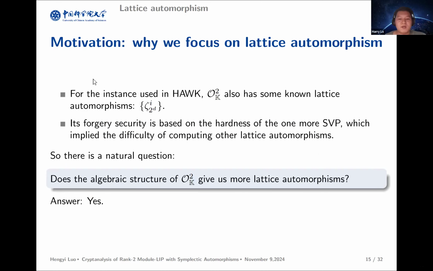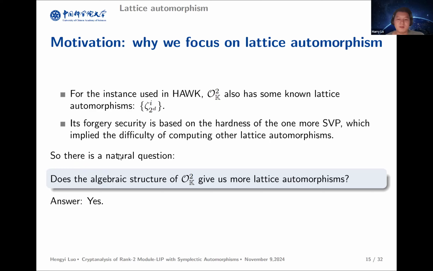And in the case of Hawk, the lattice O_K squared has known lattice automorphisms. That is, the scalar matrices of roots of unity. And the forgery security of Hawk is based on the hardness of one-more SVP, which implies the difficulty of computing other lattice automorphisms.